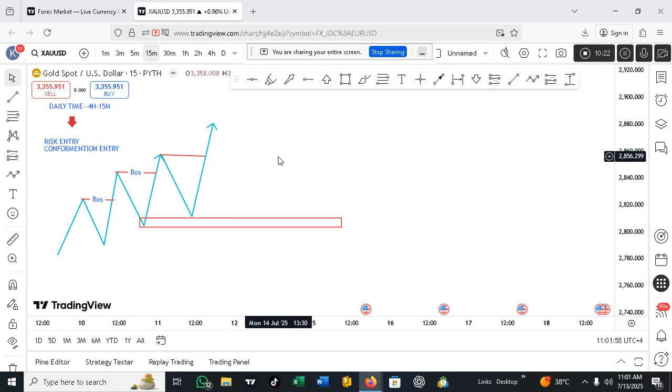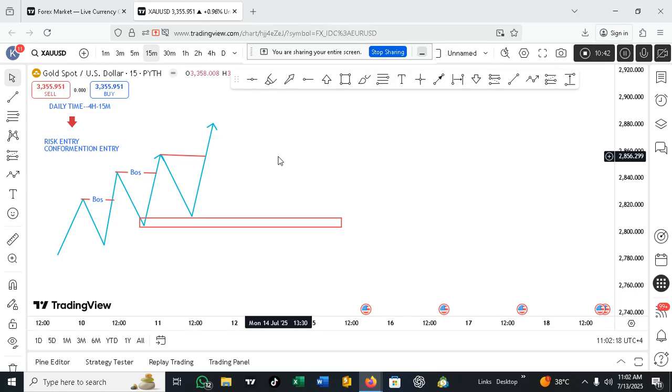Remember, in smart money concept, you have to consider several things, all factors that can make you place a trade. We have liquidity. Under liquidity, we have several types of liquidities. We have external liquidity and internal liquidity.